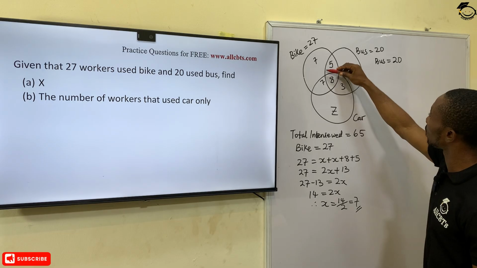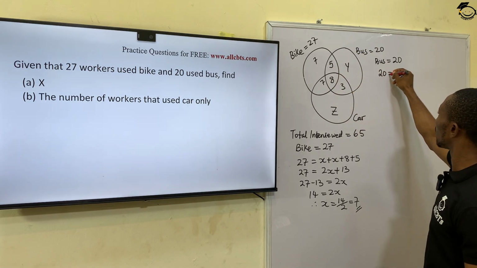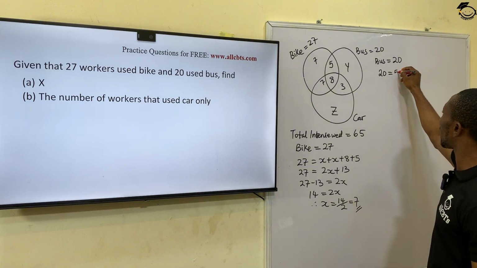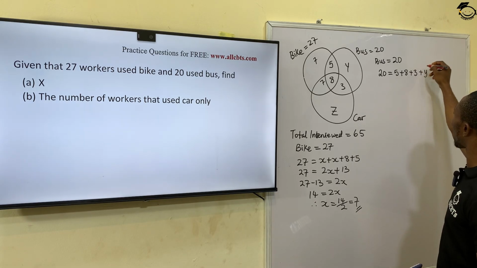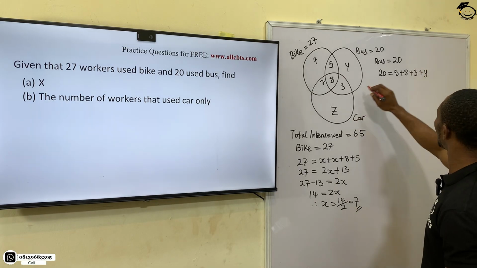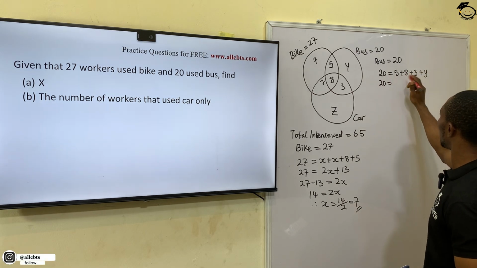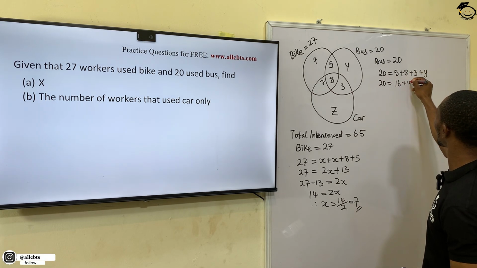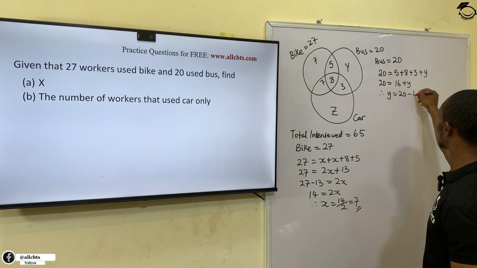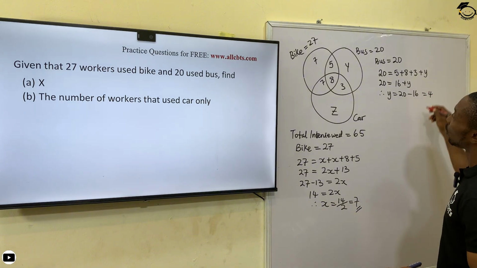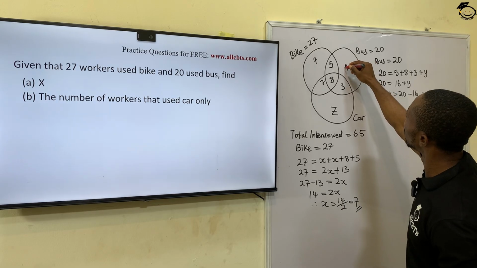So considering our bus cycle here, we have 20 equals 5 plus 8 plus 3 plus y. This leaves us with 20 equals 8 plus 8, 16, plus y. Therefore, y equals 20 minus 16, which is 4. So the value of y here would be 4.